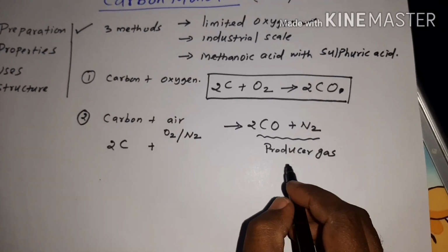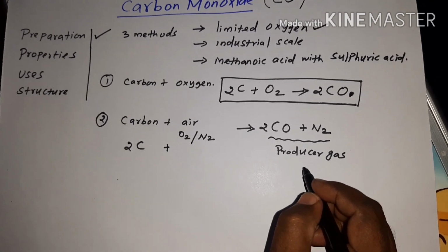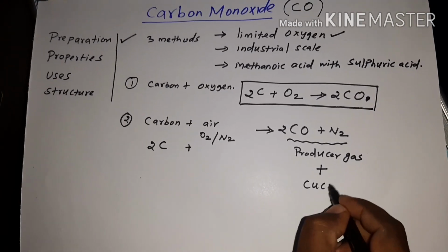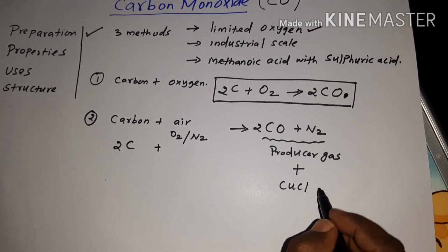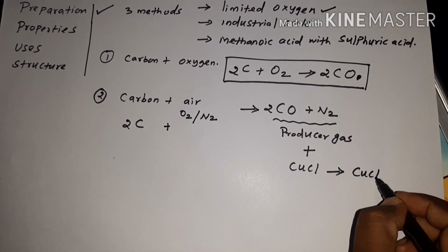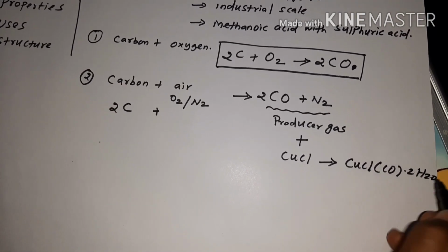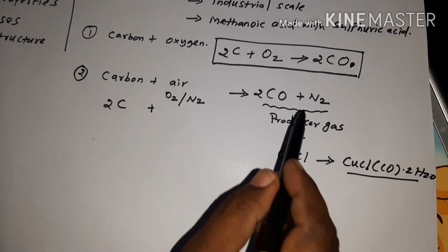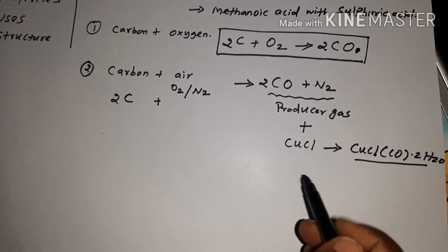Then this producer gas has to pass through copper 1 chloride solution, that is CuCl, under pressure. It will form a compound, CuCl.CO.2H2O. It is formed after the producer gas mixes with the copper 1 chloride.